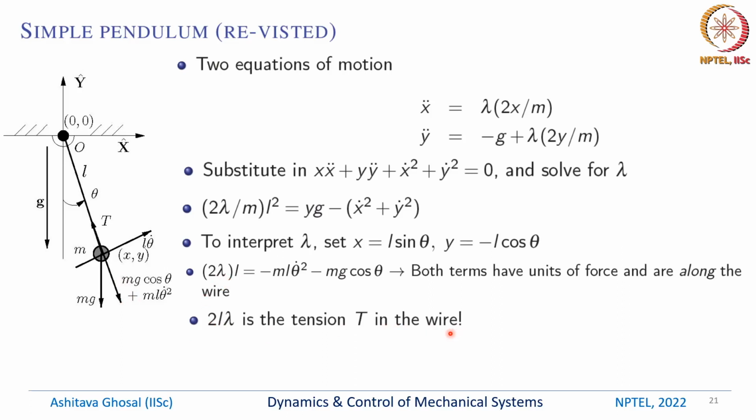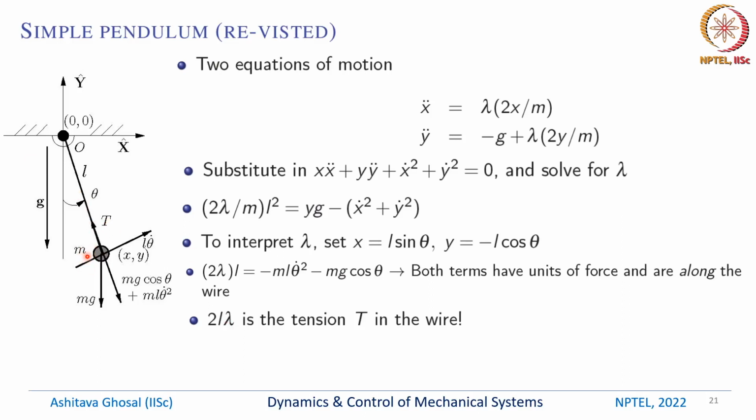In Newton-Euler formulation, we could have found this tension by seeing that there is an mg here, there's an mg cos theta here, and then there is something else, and then there are all these mg sine theta and so on. Here it is a little bit more complicated because we need to find what is the Lagrange multiplier, and then this Lagrange multiplier is related to this tension in the wire.